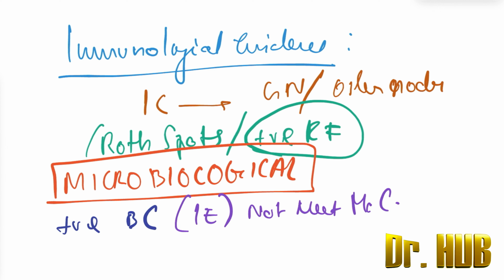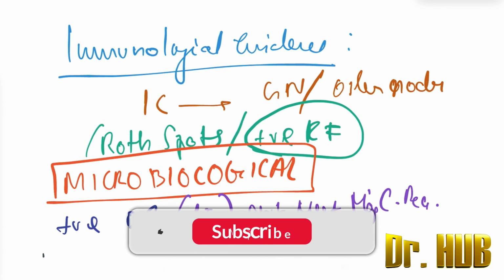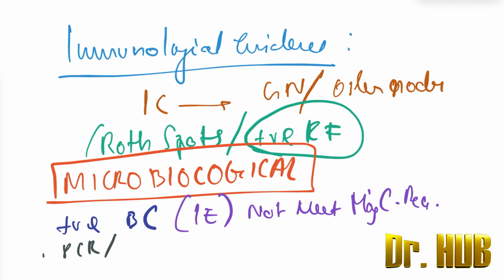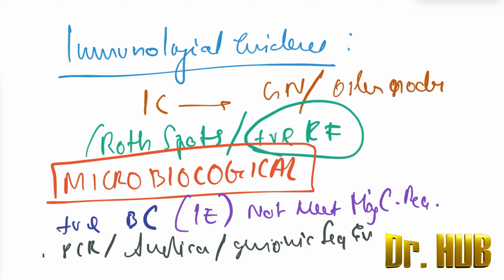Next, there is also PCR or amplicon, so PCR or genomic sequence evidence of the typical pathogen.